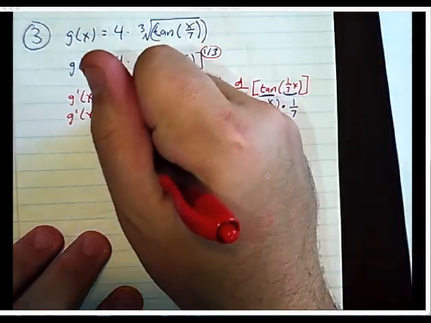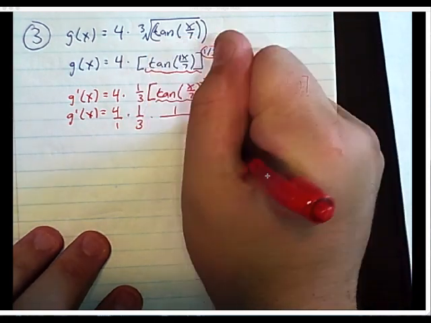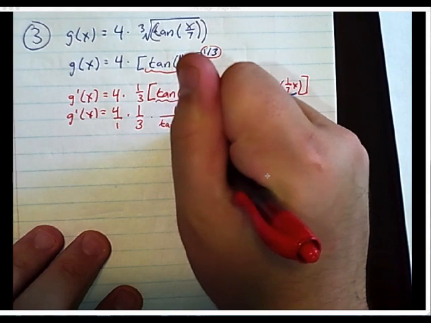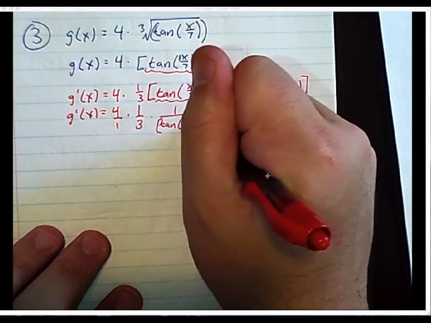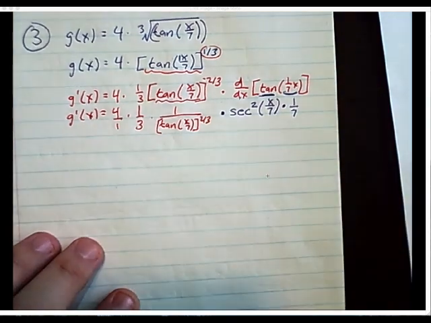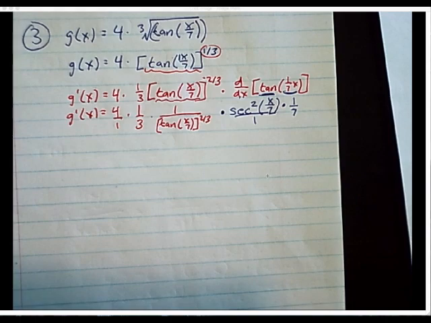So you have 4 over 1 times 1 over 3 times 1 over the tangent of x over 7 to the positive 2/3 power times all that over 1 times 1/7.